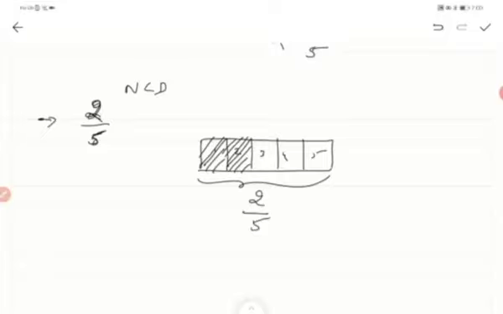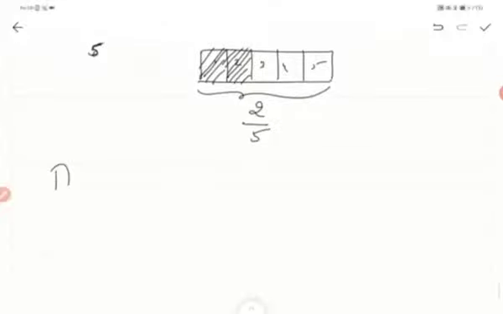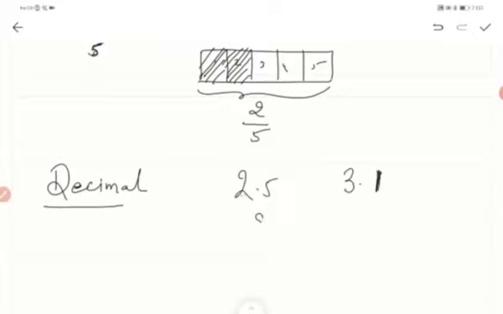Let's stop here for today. In the next class we will start with decimals. A decimal is nothing but another form of representing a number with a point, like 2.5, 3.1 or 22.7 and so on.